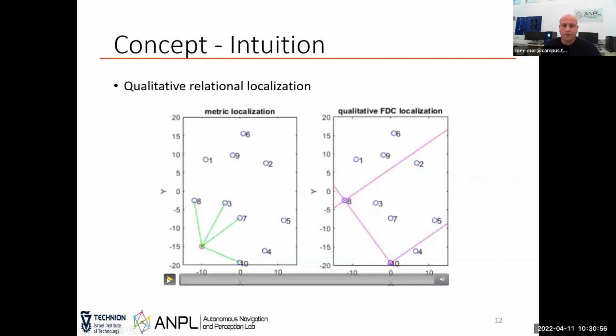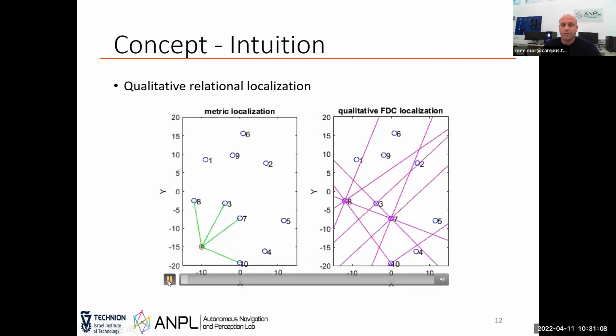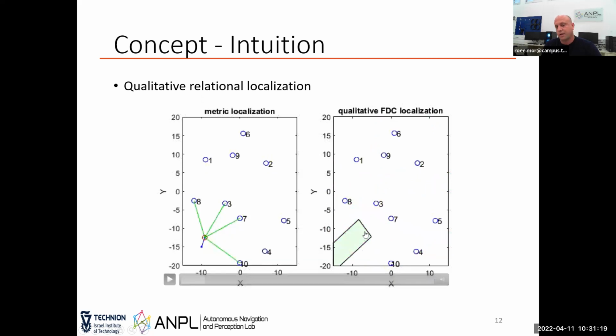Because we see more landmarks, we can also get the qualitative state of the camera in the 7 and 8 frame, which is this one. And we can take all the qualitative states that we can infer at this moment, intersect them, and get an accumulated qualitative state, which is the general qualitative state of the camera.